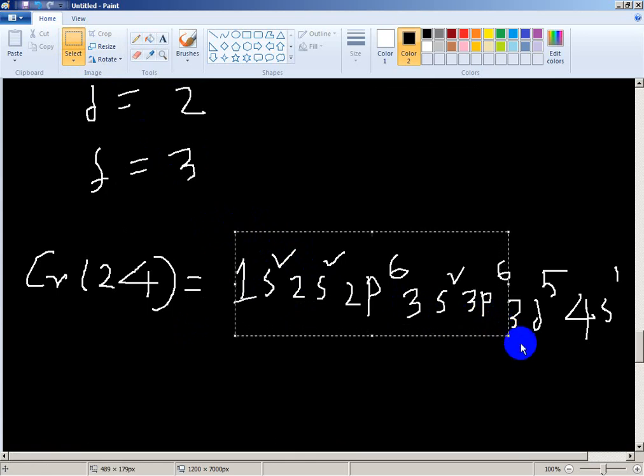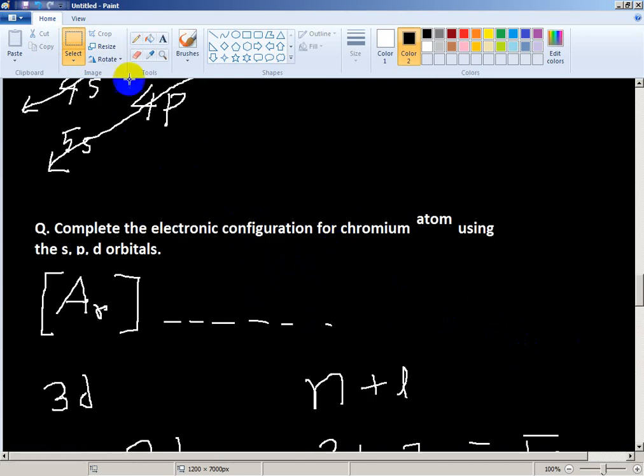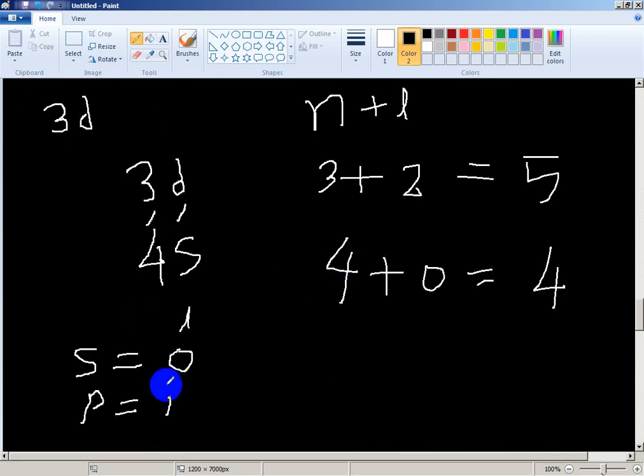You write only 3d5 and 4s1. Have you understood? Yes, sir. Up to argon the electronic configuration has been given. You write 3d5 and 4s1. Here is 18 and here is 6, total 24.